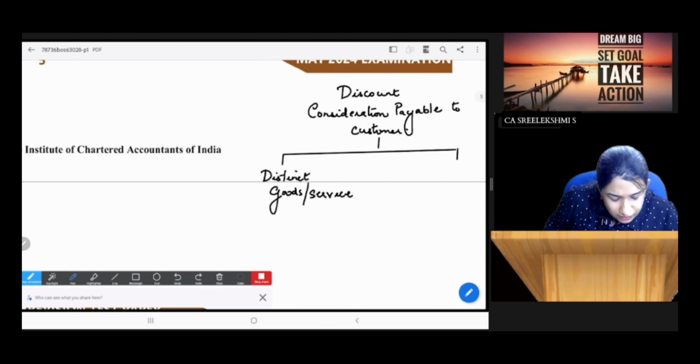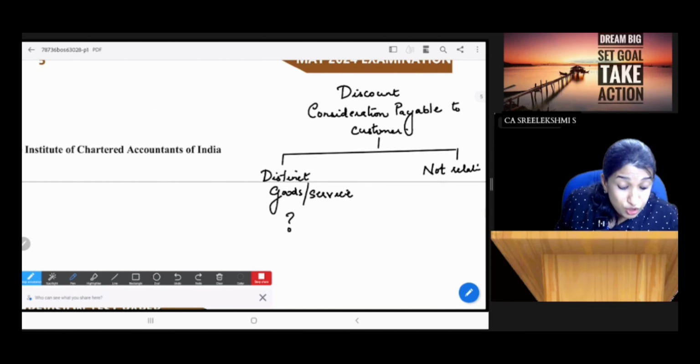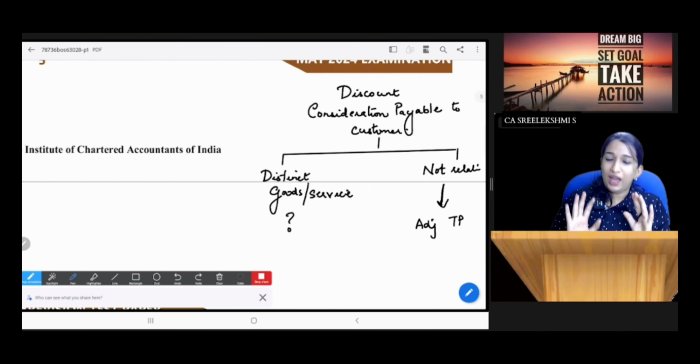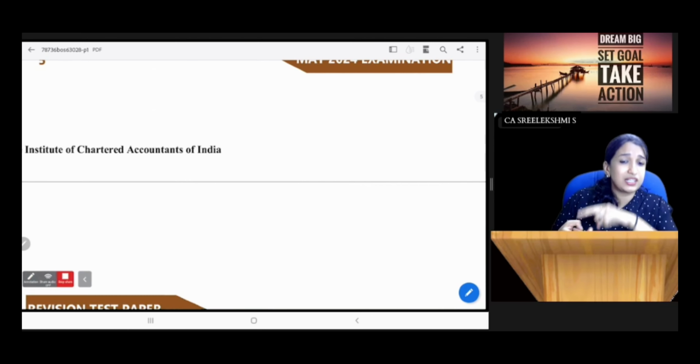Nothing is mentioned regarding distinct goods and services. If it is not related to distinct goods and services, adjust it against the transaction price. You have to remember, guys, you need to adjust this trade discount, cash discount, vouchers.